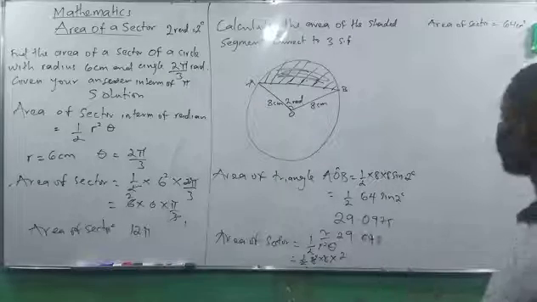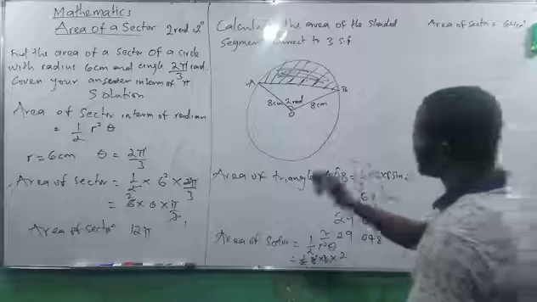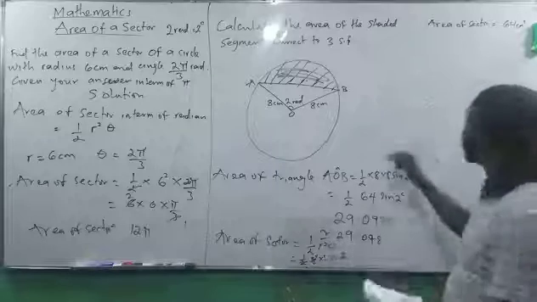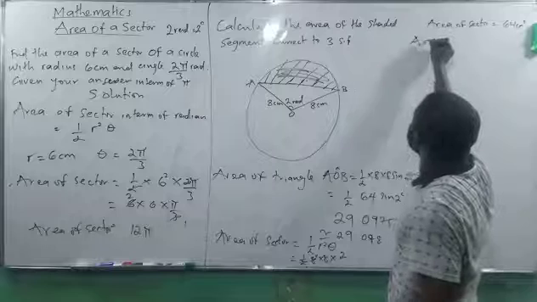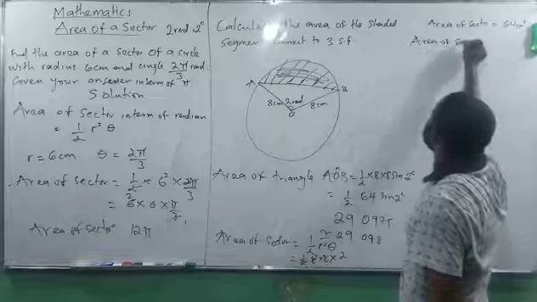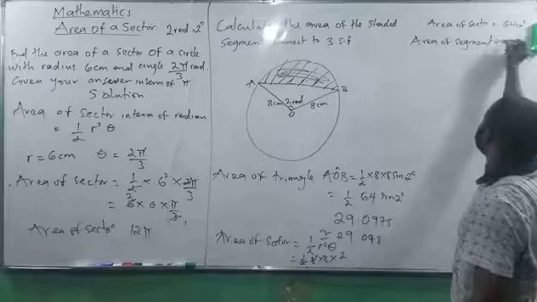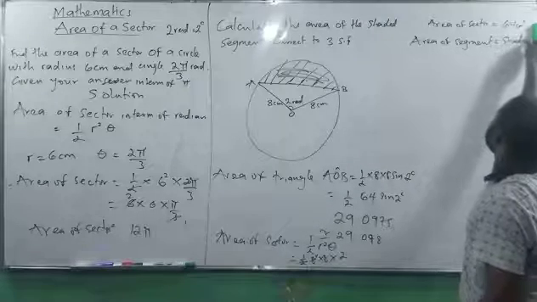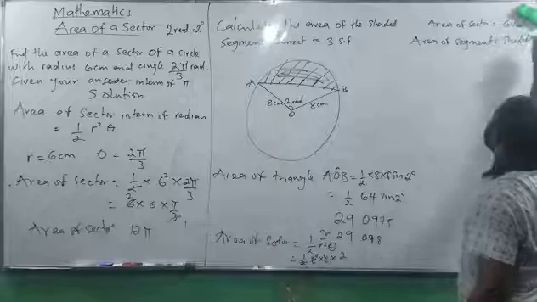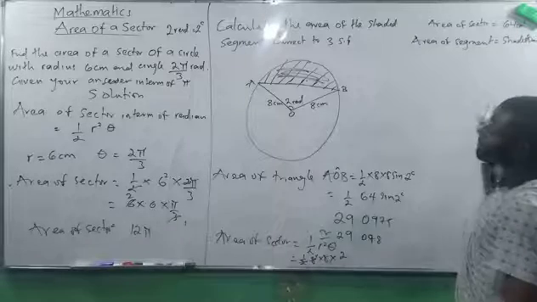Now, how do I get the shaded part? Area of segment, the same thing as the area of the shaded part. It's also the same thing.